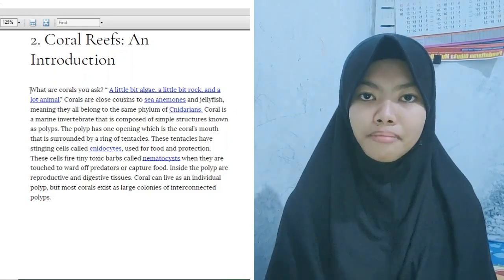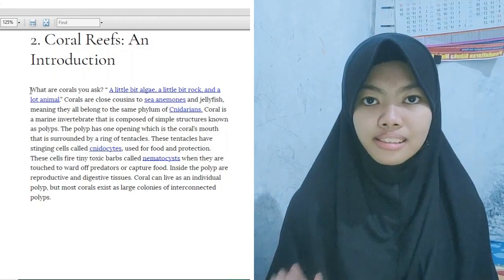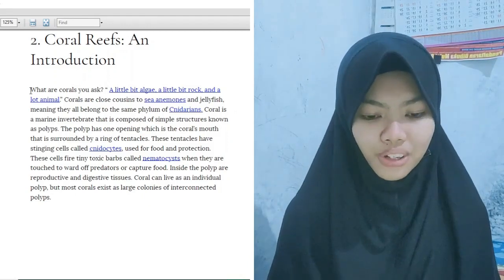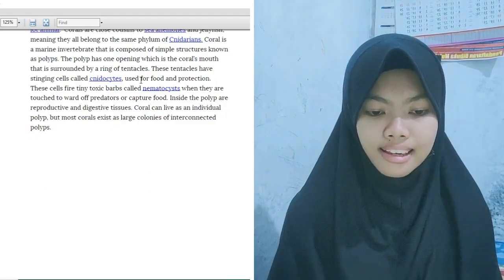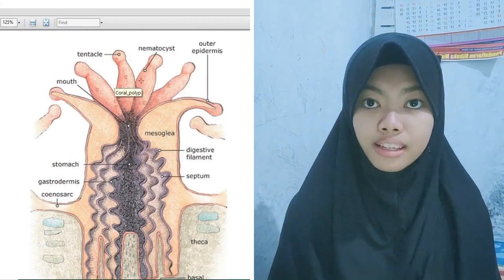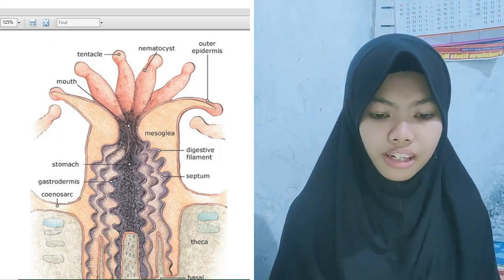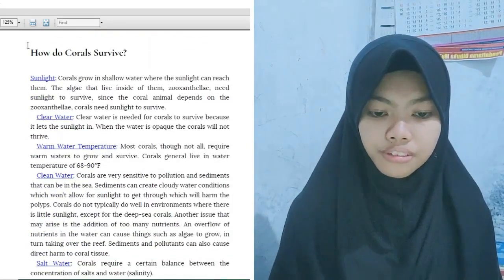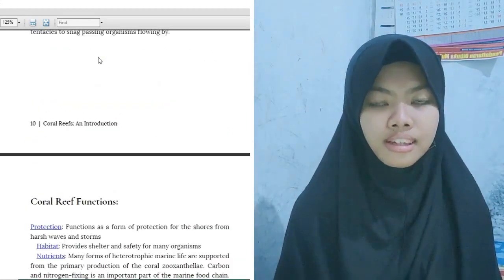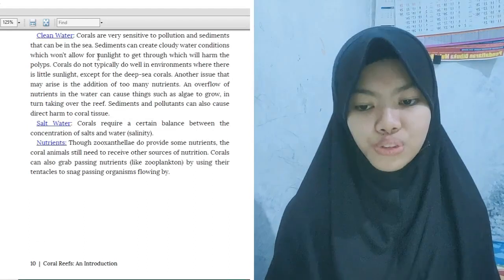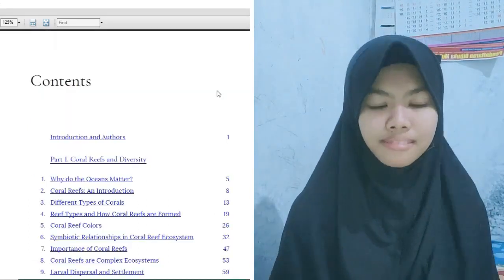Well, not many people know that coral reefs are not just rocks. So it introduced us to the coral reefs, then it provided us with detailed information like this. This is the part of the coral reefs and how corals survive and many other things about coral reefs. It makes it easy for me to understand this book even though I'm not in biology major.